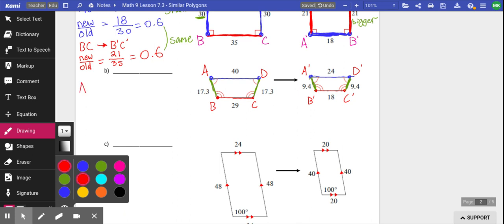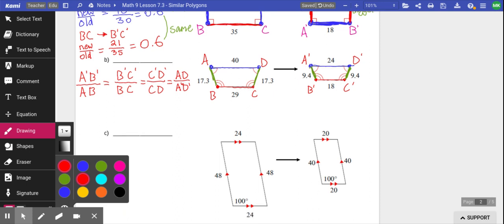That means A prime B prime, that's the new, divided by the old AB, should equal my B prime C prime divided by my BC, which should equal my C prime D prime divided by my CD, which should equal A prime D prime divided by AD. Essentially, what I'm saying is all the lengths should have the same scale factor. They should all grow or shrink by the same rate. And we're going to try that out.